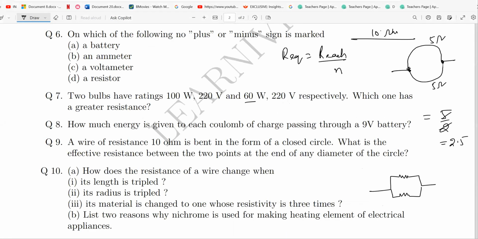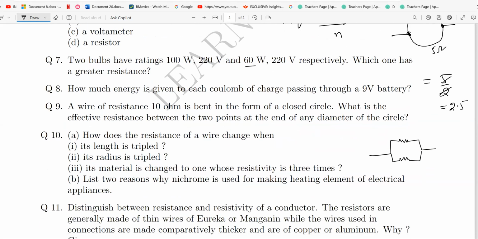Yes, sir, understood. Next one is how does the resistance of the wire change when the length is tripled? Resistance is directly proportional to length, so when length increases, resistance will increase, so resistance is tripled.